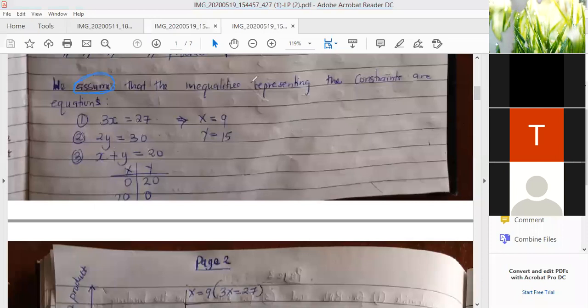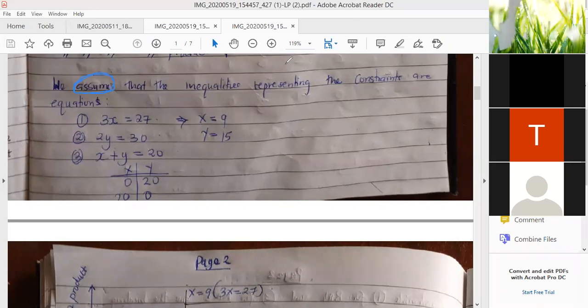You assume that your inequalities, which are representing the constraints in the problem, are actually like equations. So the normal way in which you plot an equation on a graph, you do it as guided by that particular inequality. So in your mind, you'll be seeing an equation, but you're still remembering that this was actually a constraint to be indicated in the form of an inequality.